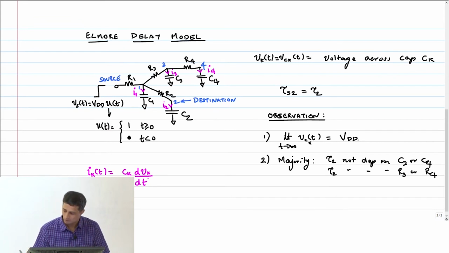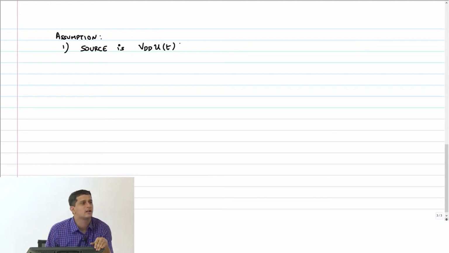So now we will write down the assumptions. One, the source is VDD into U of t, which means it's an instantaneous voltage change.